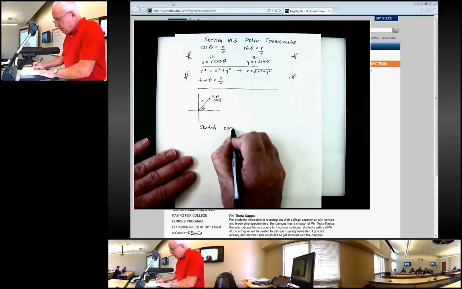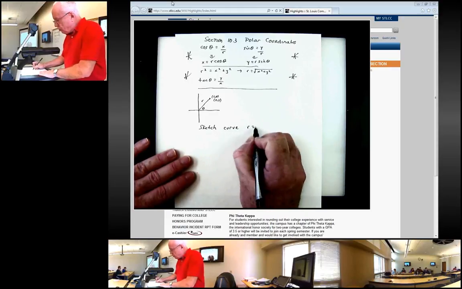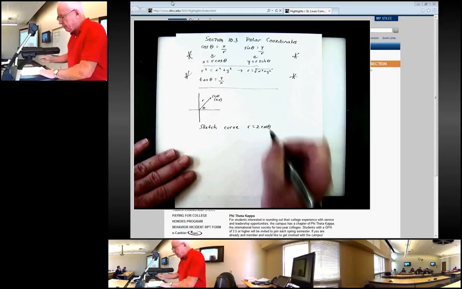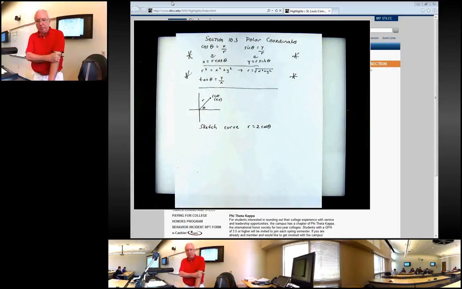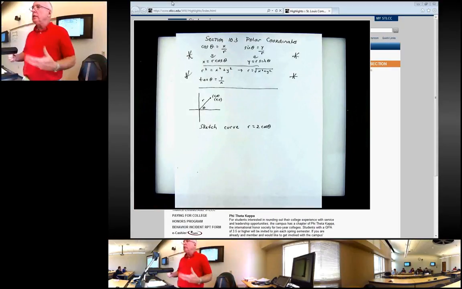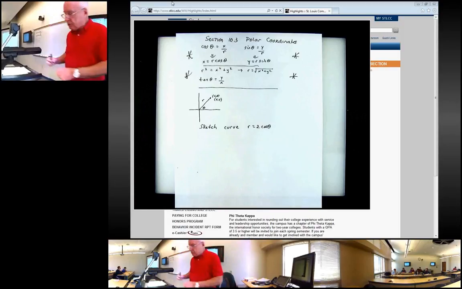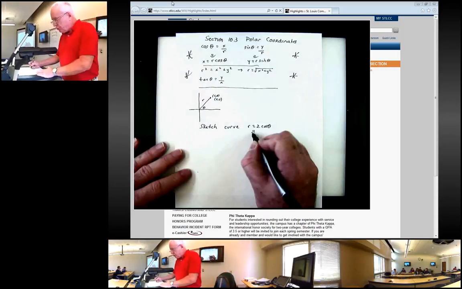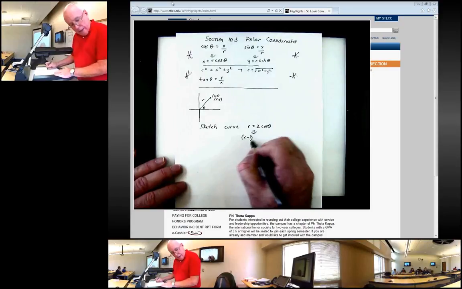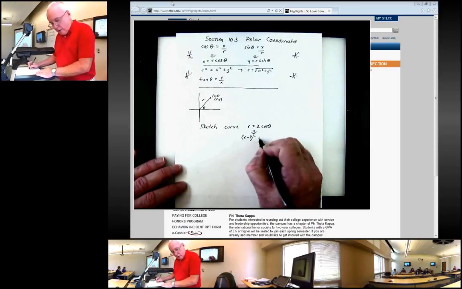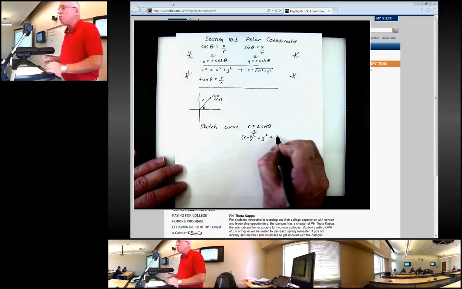Now, this one, r equals 2 cosine of theta, we actually were looking at that at the end of class the last time, and we converted it into the Cartesian coordinates. And if you look at your notes, what we got here was a circle, x minus 1 quantity squared plus y squared equals 1.